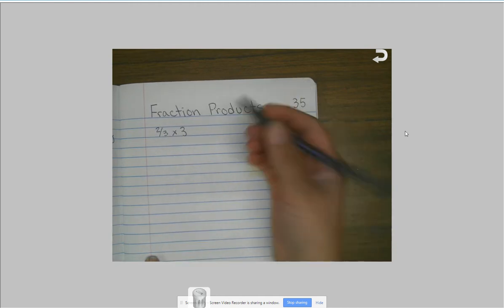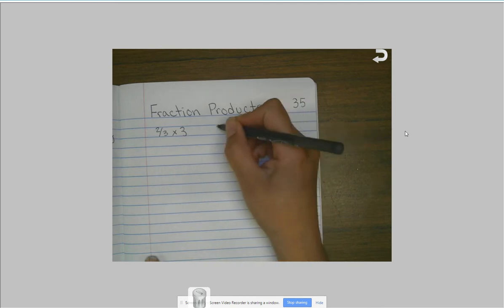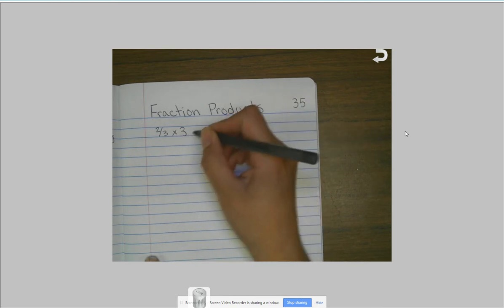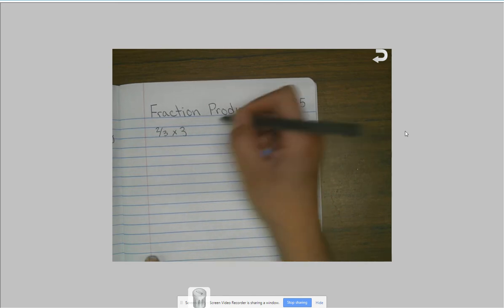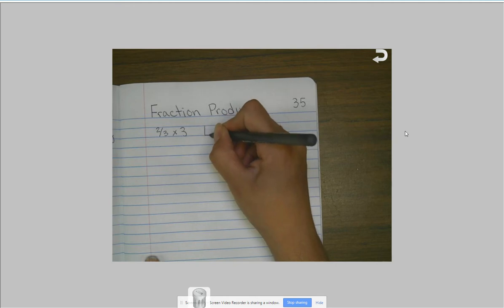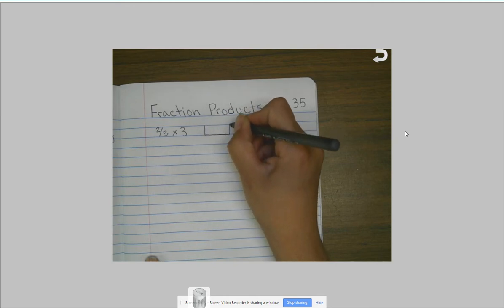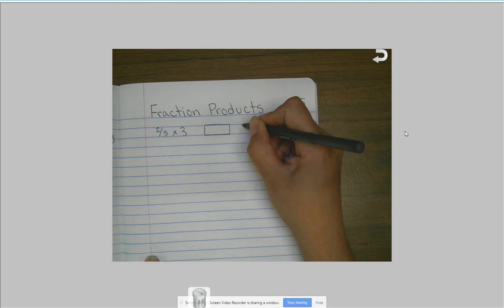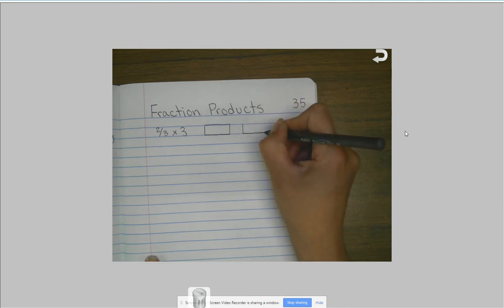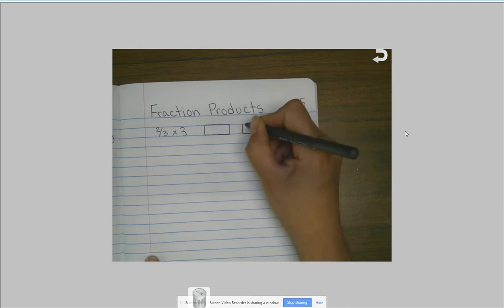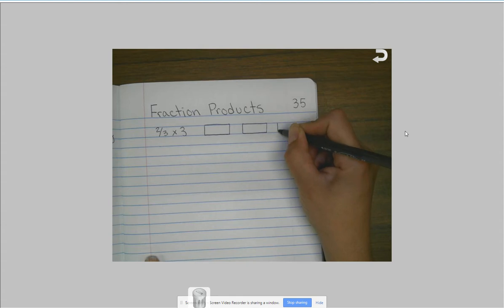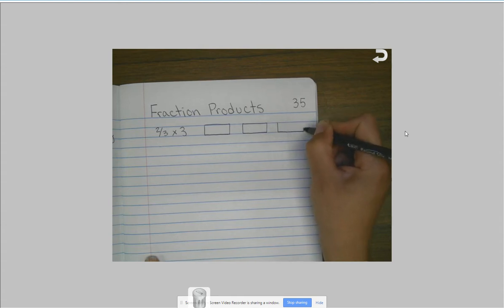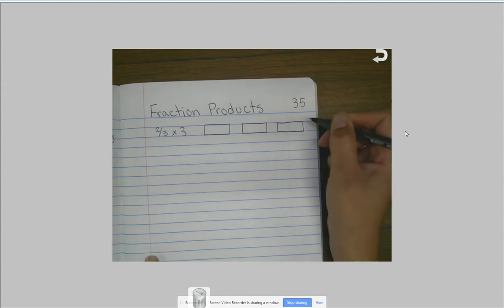So if I'm going to draw a picture like that, let's draw 3 rectangles to represent a whole unit. Let's make 3 that are about the same size. Now there's your 3 groups, and now I need 2/3 of each one.